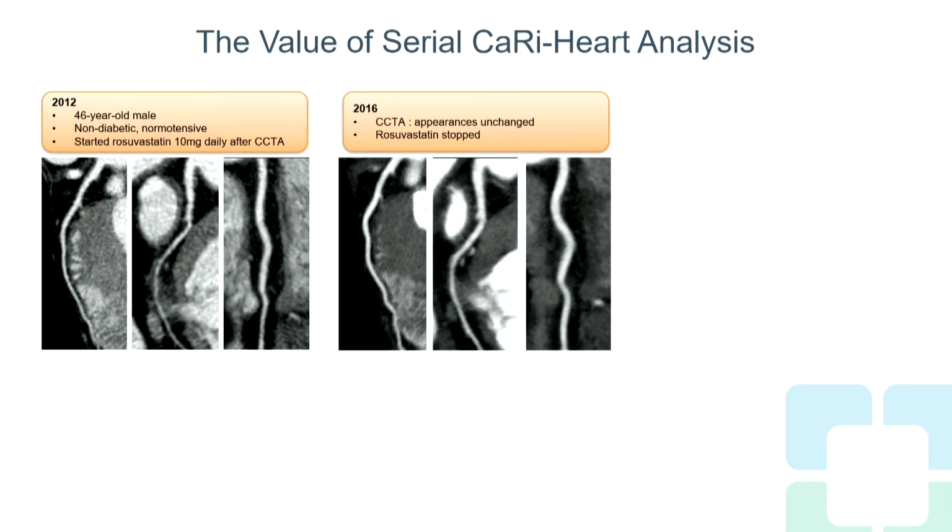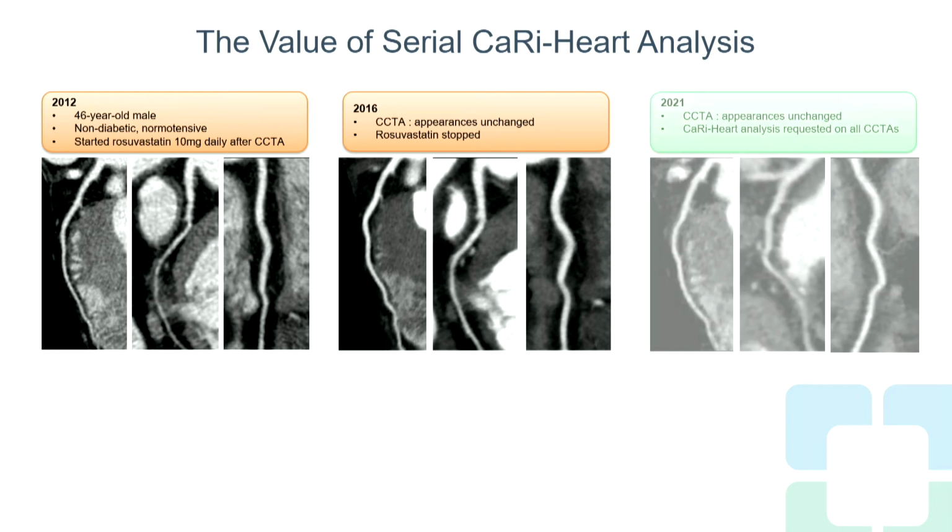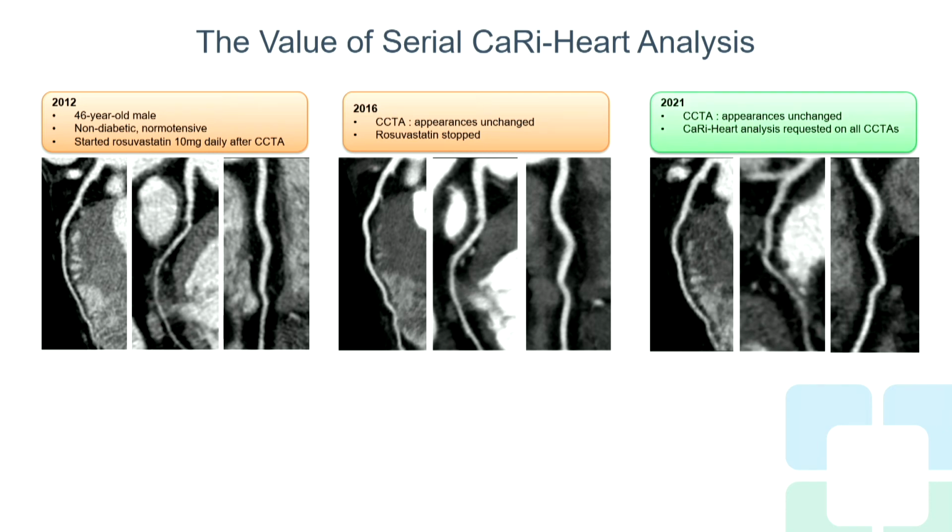The patient is complaining about muscle spasm, muscle cramps, what have you, not uncommon. So rosuvastatin was stopped. The doctor got sucked into the emotional drama and said, let's stop the rosuvastatin. CT angio looks okay. 2021, CT angio, again, appearance is unchanged.